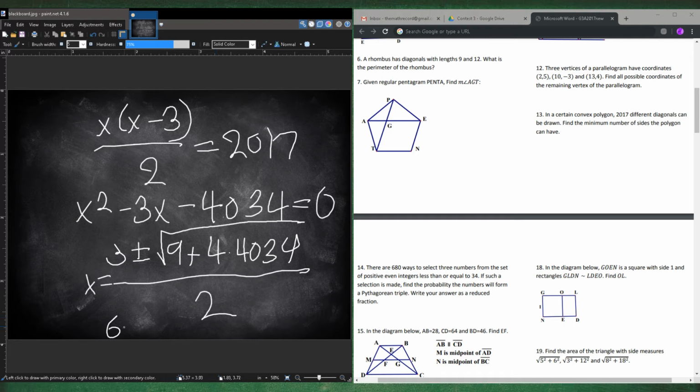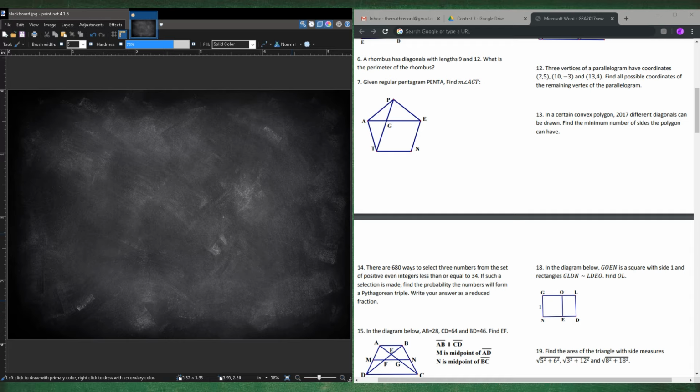So from your calculator you get something like 65.031488, etc. Not repeating decimals, but infinite decimals. So since it's 65, that means it has to be greater than 65, because at least 2017 different diagonals can be drawn.